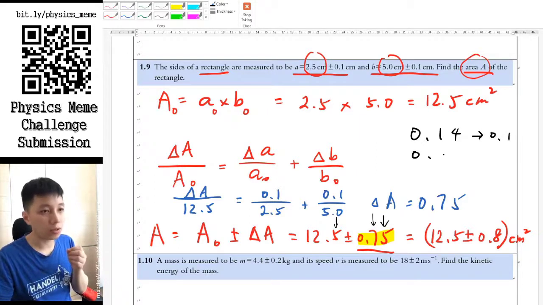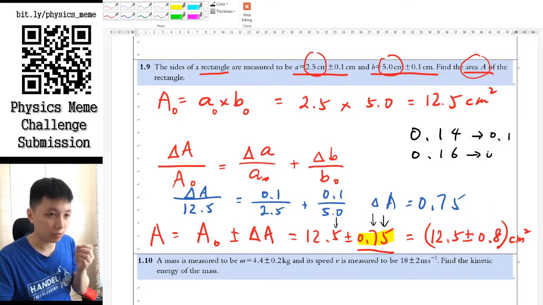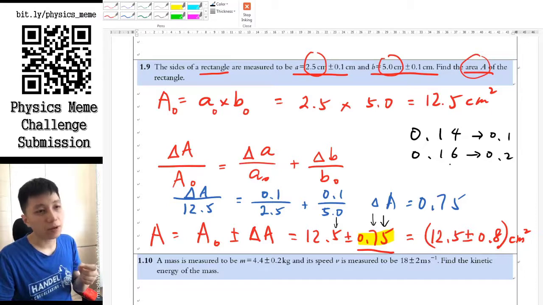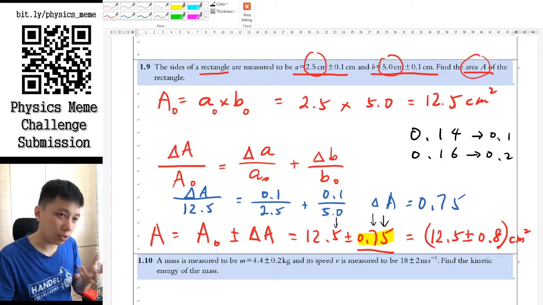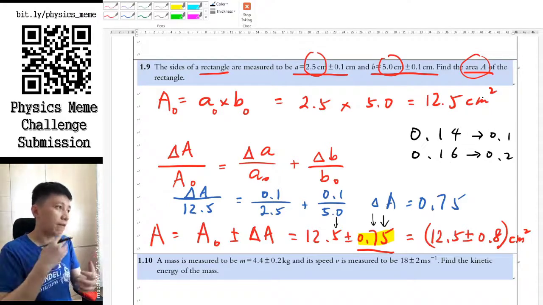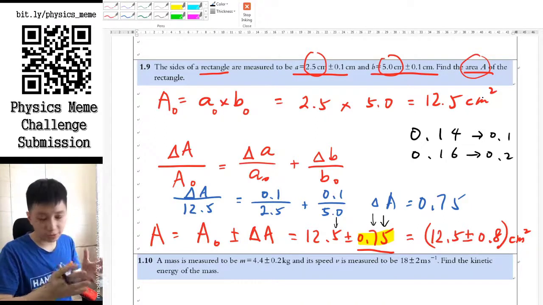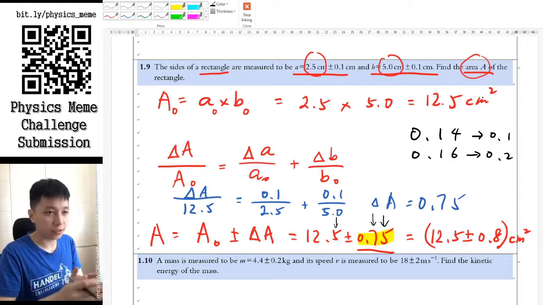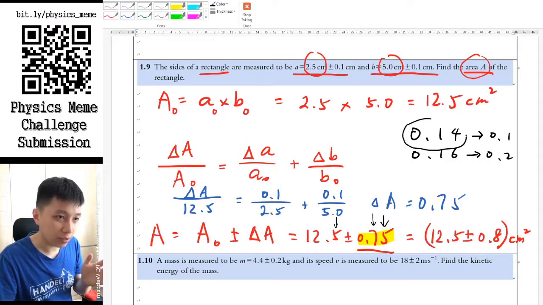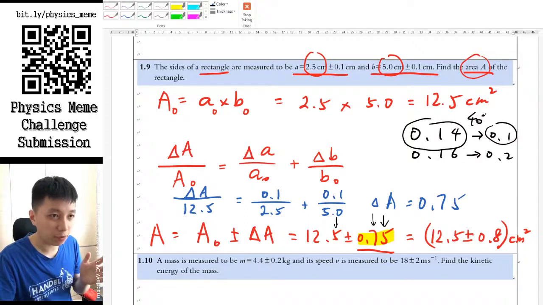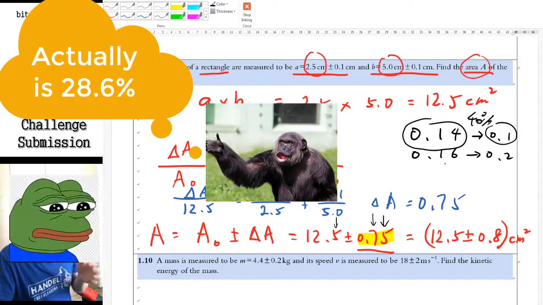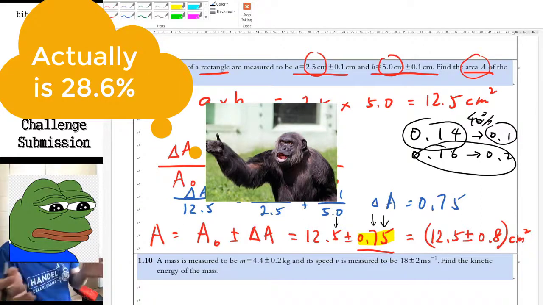Or say when you have 0.116, you could round up to 0.2, but then we'll probably keep it as 0.12. The main reason behind this is, if you do this, you have a big percentage change in terms of the absolute uncertainty, because changing from this to this is about 40% of change, right? And changing this to this will be quite a lot as well.